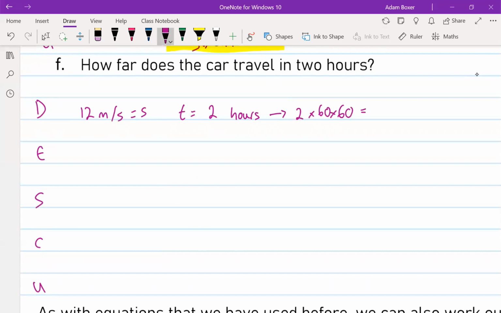And again, we've done this before. I'm not going over it now. If you're stuck on it, go back to the videos we did on power. And that gives us 7,200 seconds. And of course, I want to cross that out before I forget.